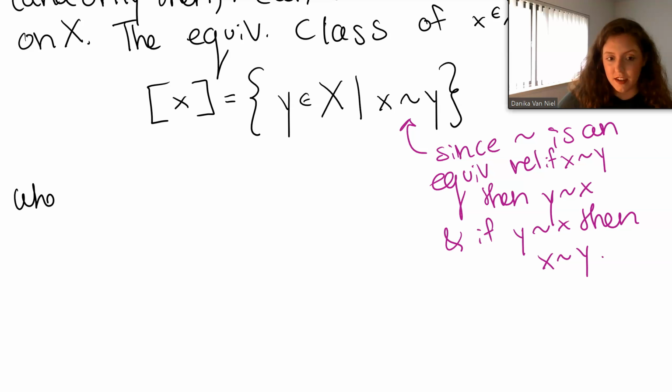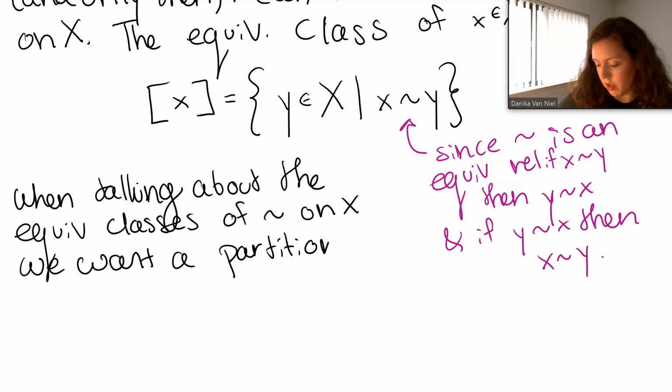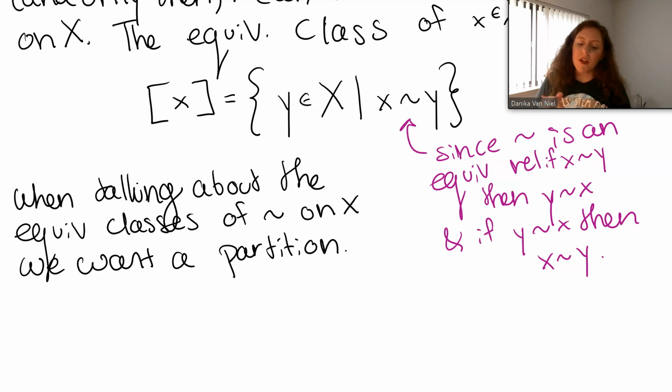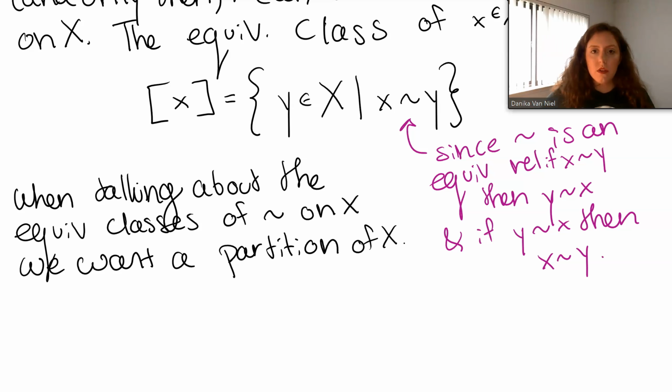When talking about the equivalence classes of twiddle on X, we want a partition of X. This makes sense because we don't want to list repeats. So let's say 1 twiddles 2, then 2 twiddles 1.